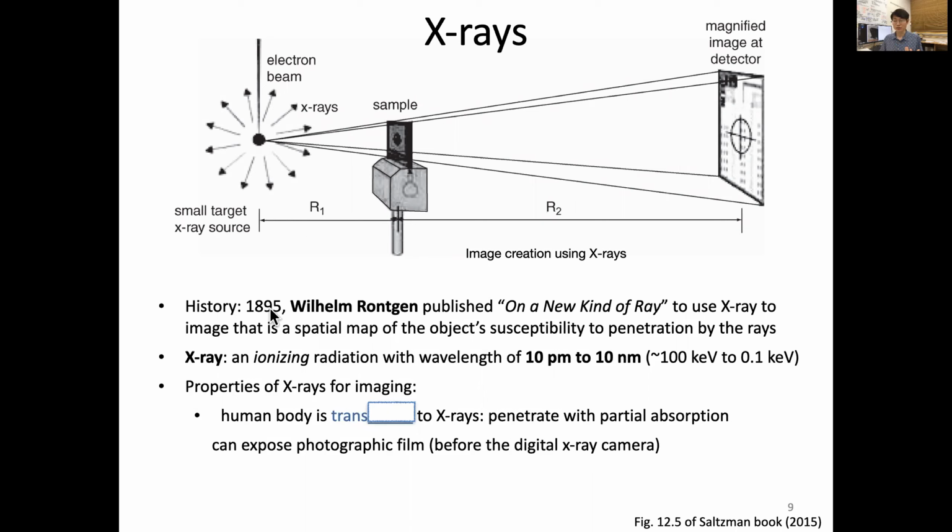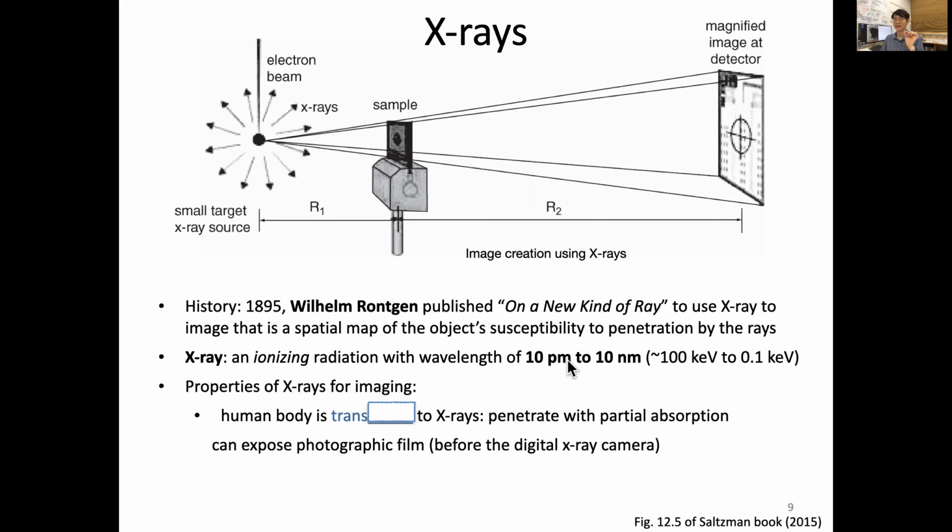So what is X-ray? It is an ionizing radiation, which means its wavelength is quite short and the energy of this photon is pretty high, so powerful. The wavelength is only about 10 picometer to 10 nanometer. Remember, 1 angstrom is the size of a hydrogen atom.